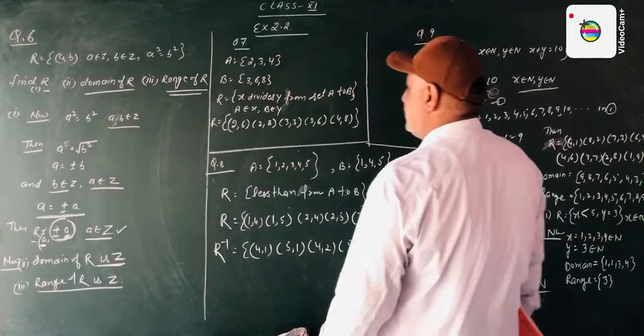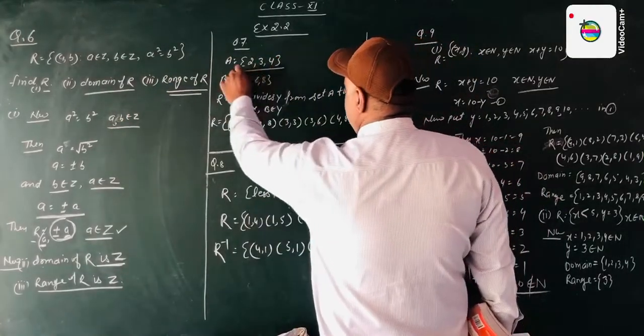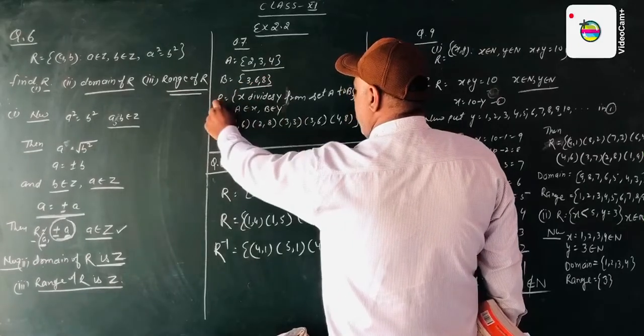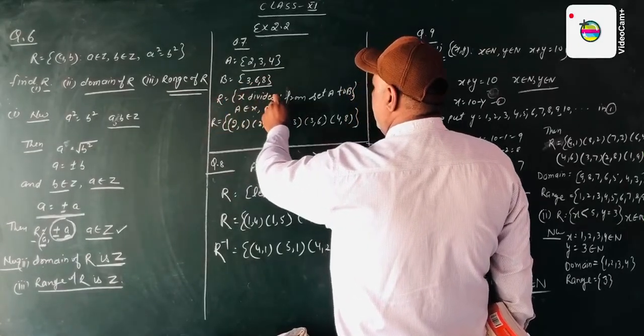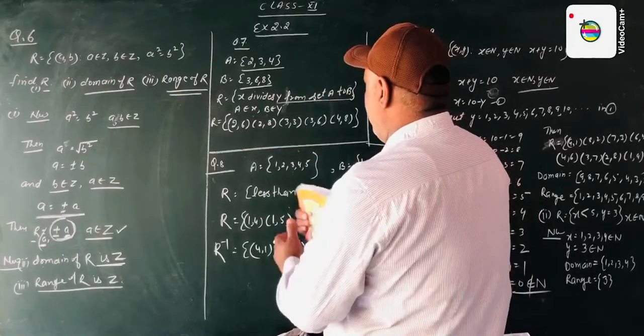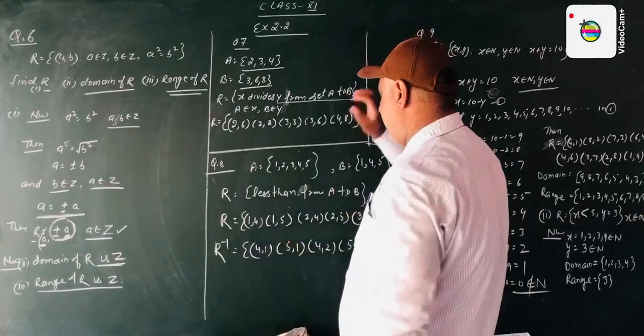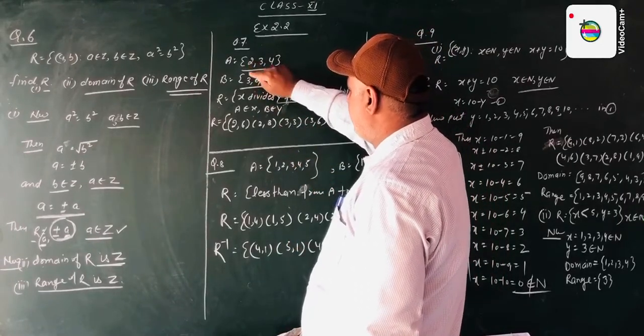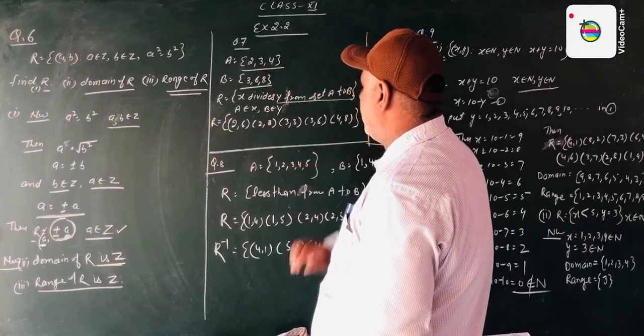Now question number 7 says that here A is 2, 3, 4 and B is 3, 6, 8. Now R says x divides y from set A to B. It means a belongs to x, b belongs to y. We have to find the relation where the first component divides the second component completely.